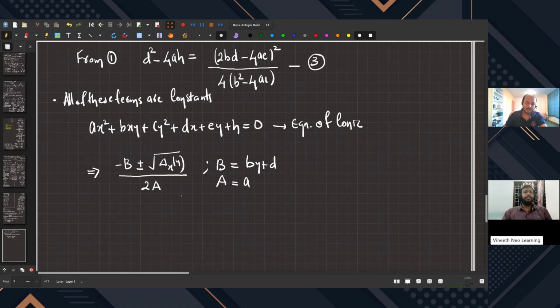Let's expand it. Let's write delta x of y here. Minus b plus or minus the root of delta x of y. What is delta x of y?